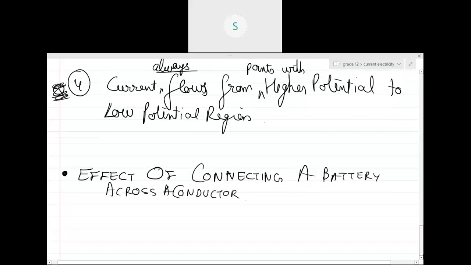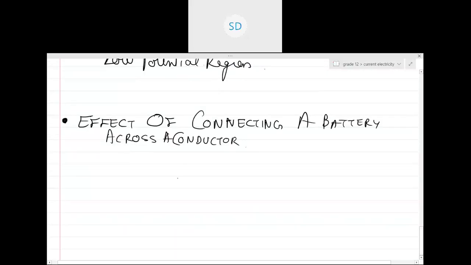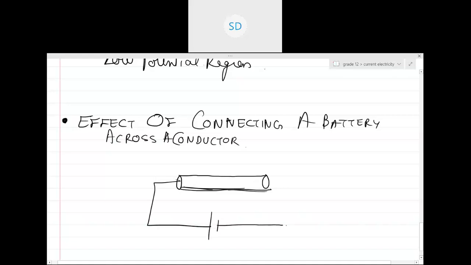Now see guys, we know enough physics to exactly tell you how the current starts flowing when this conductor is connected across a battery.